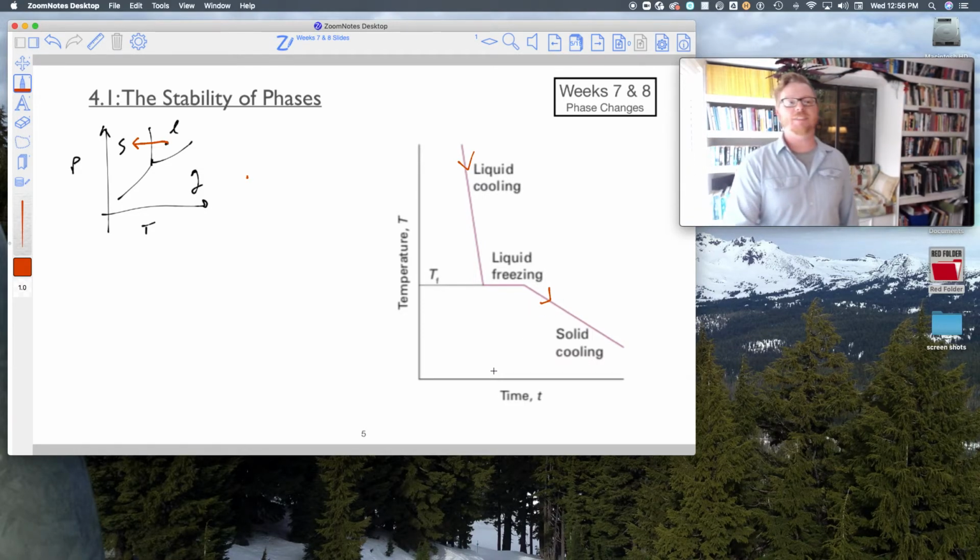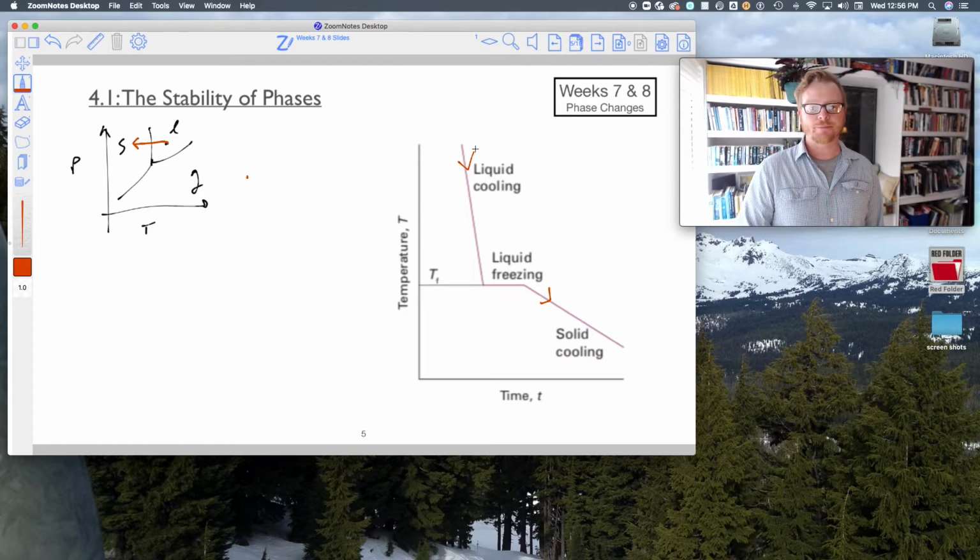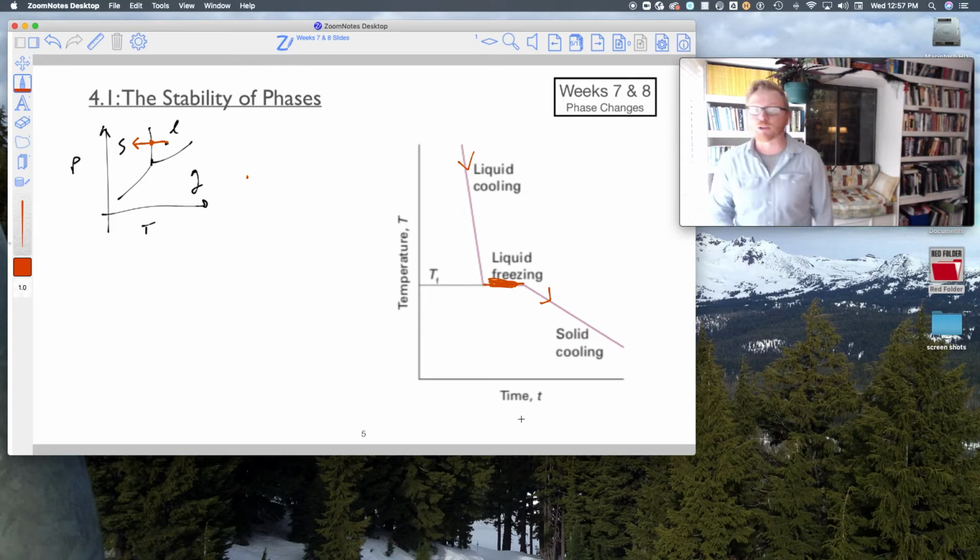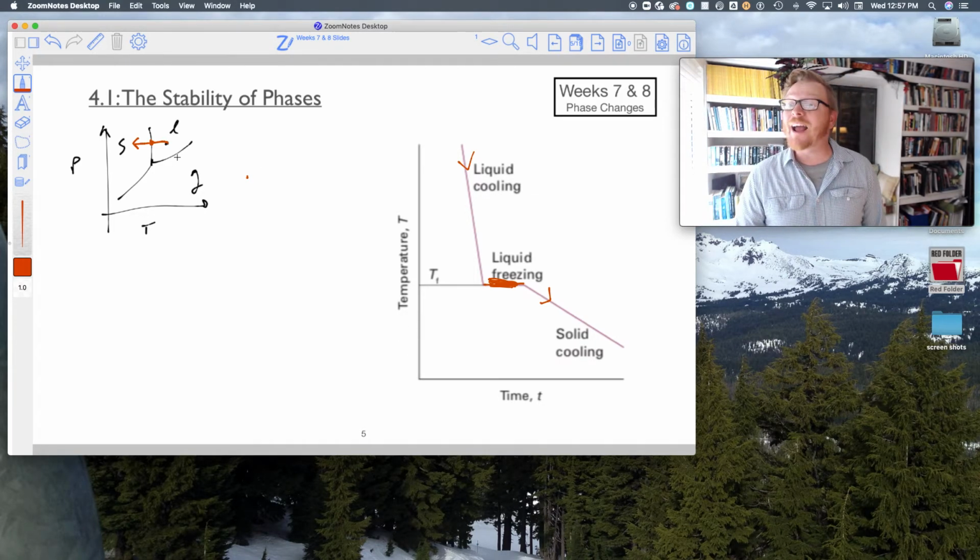And so what I would see is as I was decreasing the temperature, I would see that liquid cooling down. And as I crossed this point right here, that point is represented by this entire area. And so if I was keeping track of how long it took for my material to cool down, there would be a lag in that time as it is transitioning phases, okay?